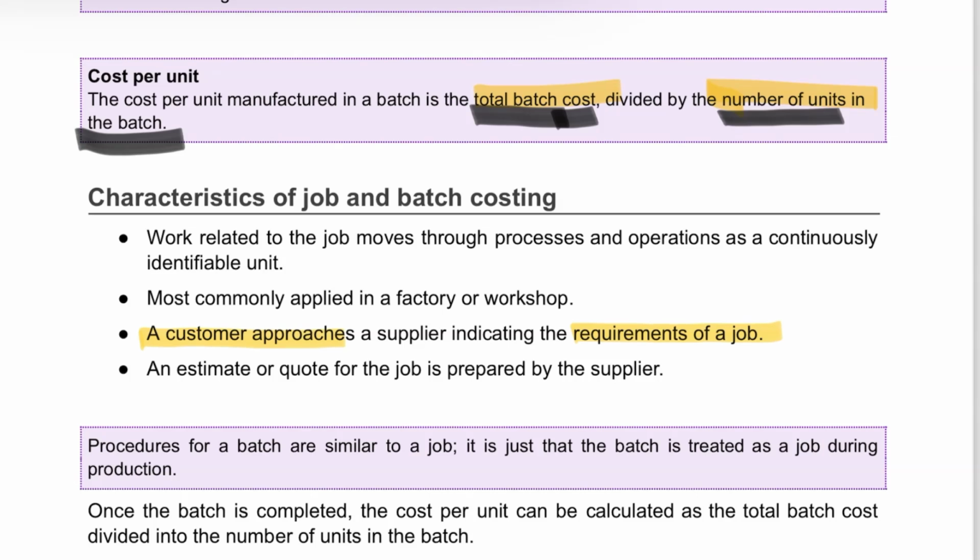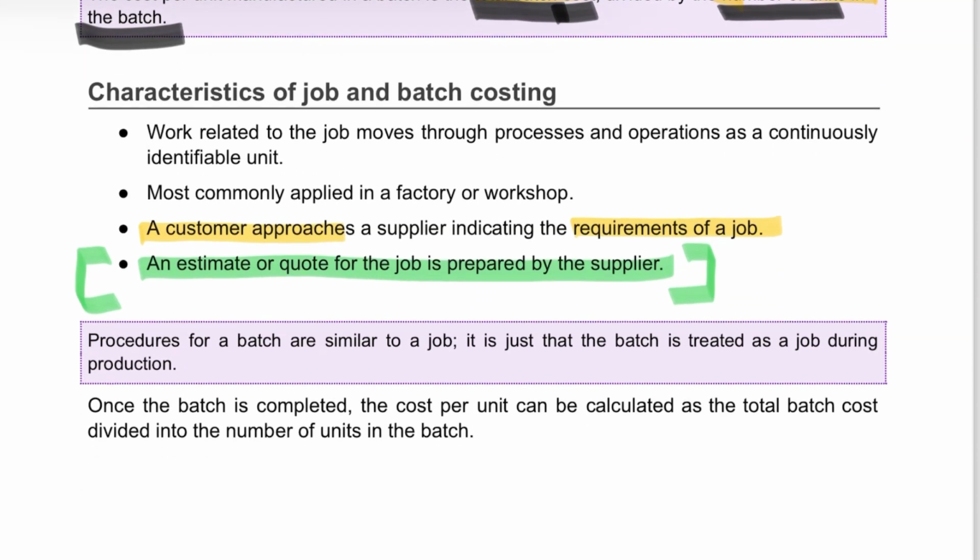Now, that job might be a batch we need to produce, might be a single unit, but ultimately, we need to prepare an estimate or a quote for the job. And this is where job or batch costing comes into play.